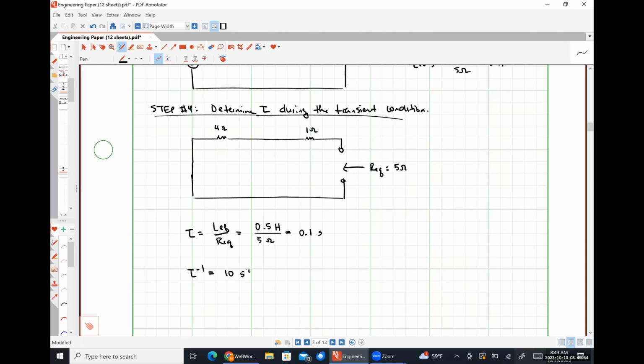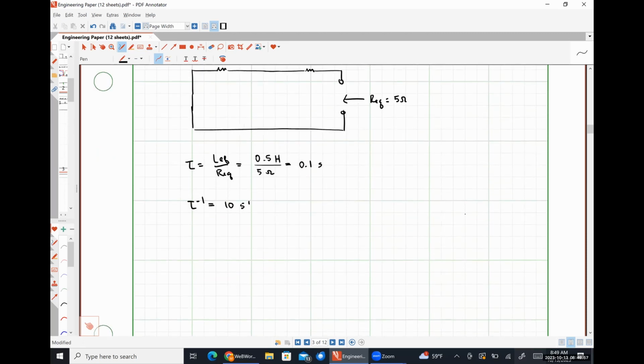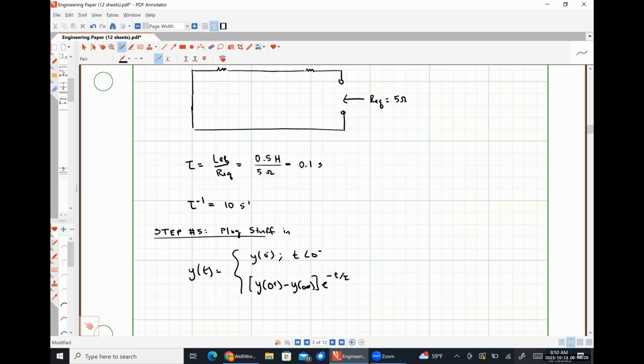The reason why I like to find the inverse of tau is because in step number 5, plug stuff in, our generic formula, let's see, y at 0 plus minus y at infinity, e to the negative t over tau, plus y at infinity.